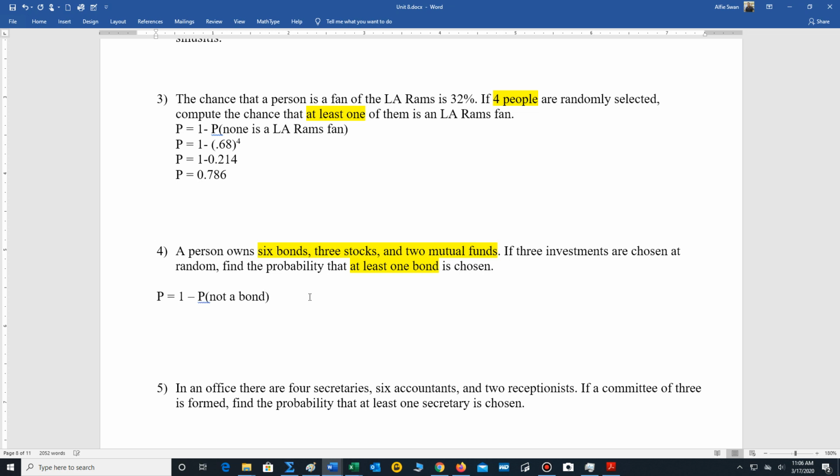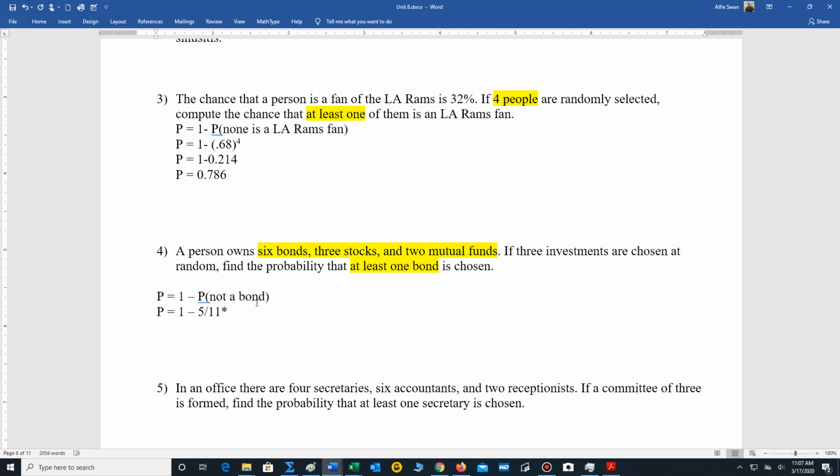So that's P equal to 1 minus... How many objects are not bonds? Well, we don't include the bonds. We include the 3 stocks and the 2 mutual funds. So that's going to be 5 out of 11. And then once we select that investment, we can't reselect it again. It's gone. We sell it or we put it aside.